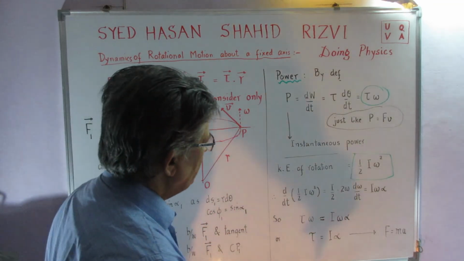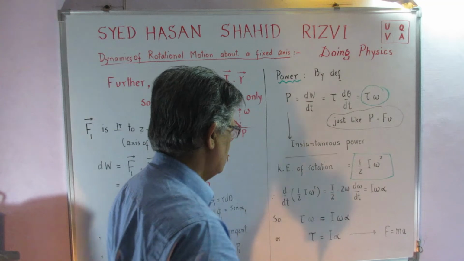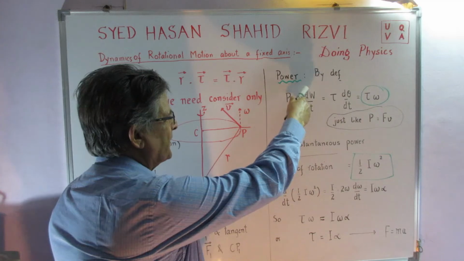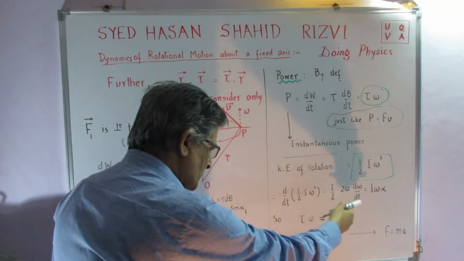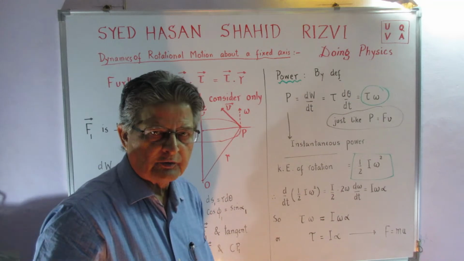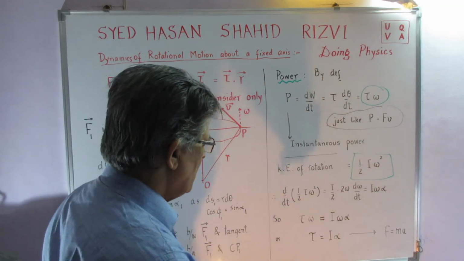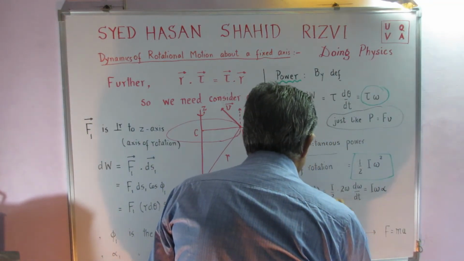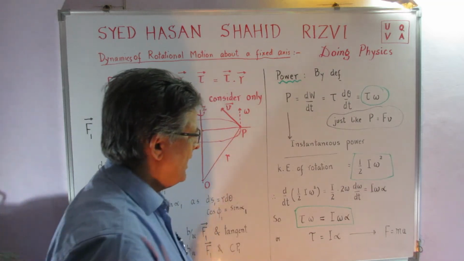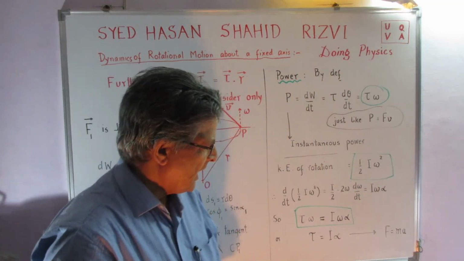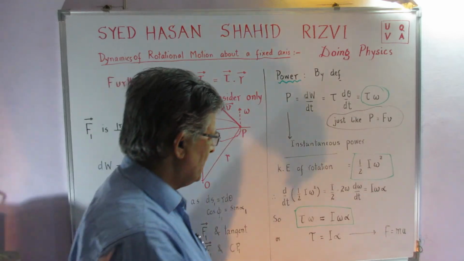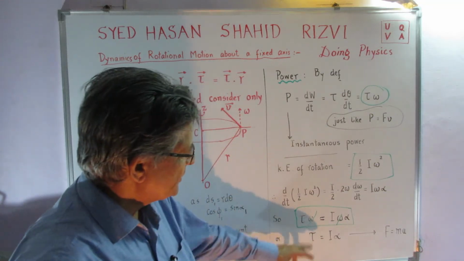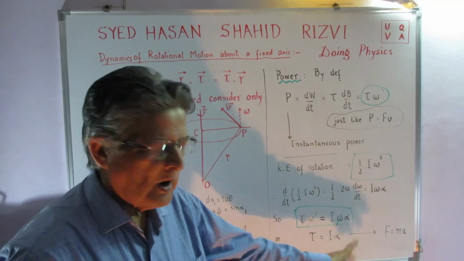So we have this power, which we obtain by differentiating the work done, and this power we are also getting by differentiating the kinetic energy of rotation. If we equate the two, torque into omega is equal to I omega into the angular acceleration, and because omega cancels out, I am left with torque equal to I into alpha.